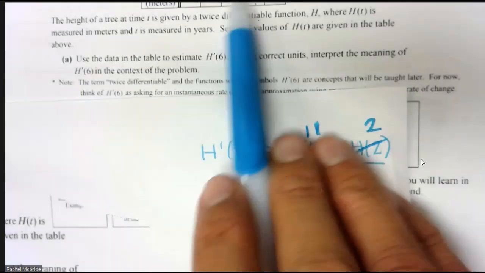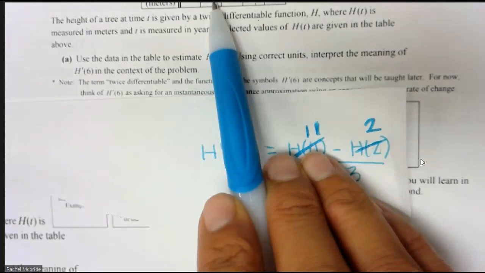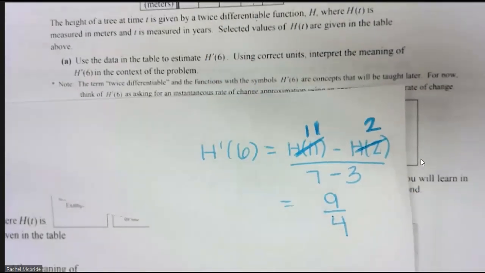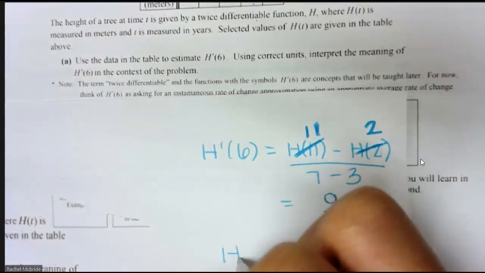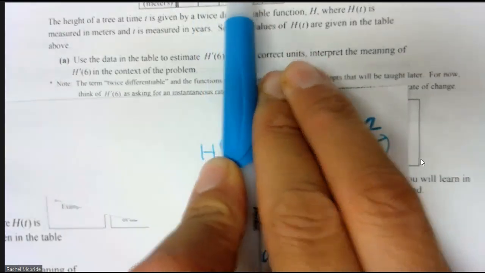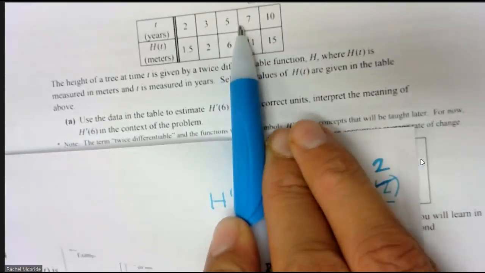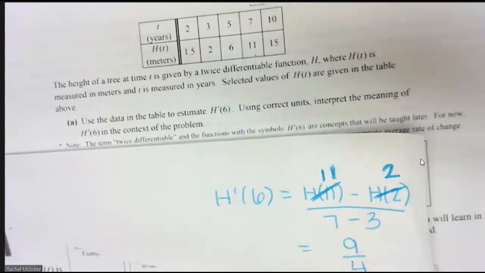So we get 9/4 as an approximation. Now we could get closer to 6 by picking values nearer to it. So now instead of 7 and 3, we'll do 7 and 5. Oh, I'm realizing you can't see it there. Because 6 sits right between 5 and 7.